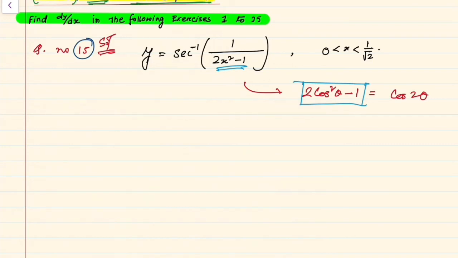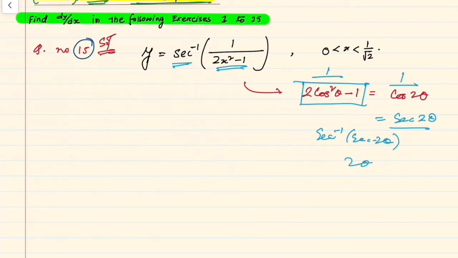As there is 1 by this, 1 by cos 2 theta will be sec 2 theta. So as there is sec inverse, if you get sec inverse of sec 2 theta, then you will get 2 theta, isn't it? So let us substitute x as cos theta here.